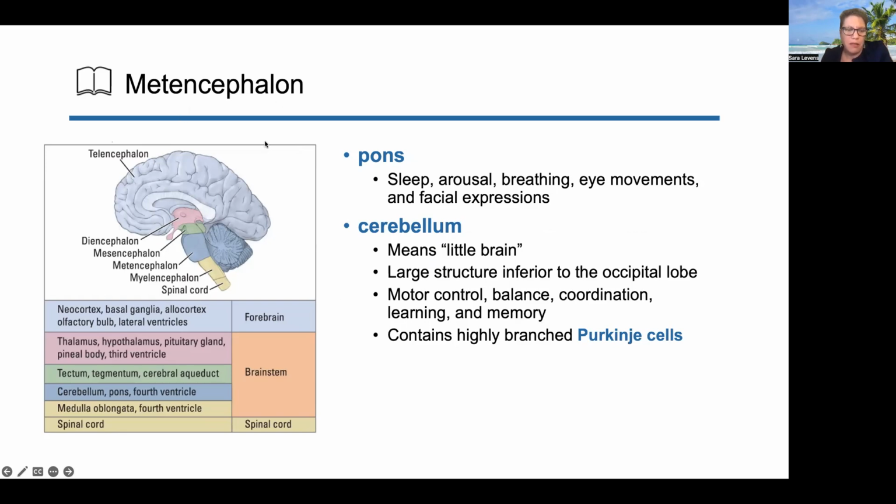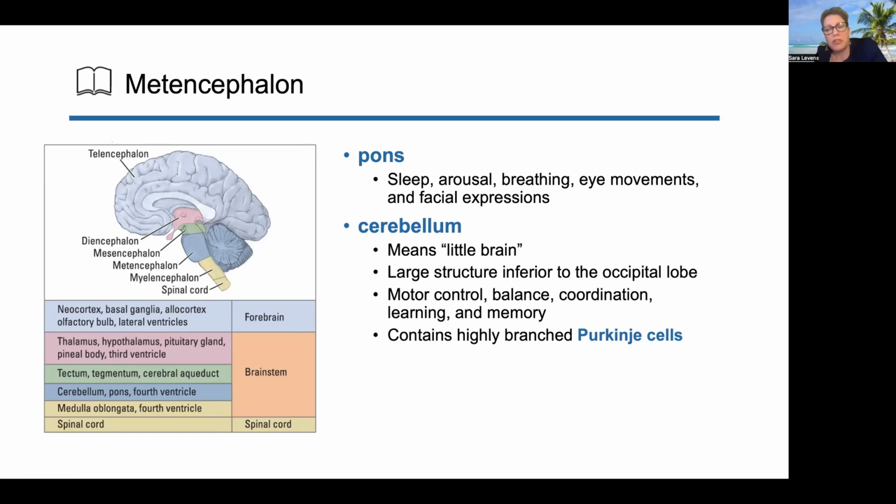All right, so for the metencephalon, we have the cerebellum, pons, and the fourth ventricle. The pons is really important for sleep, arousal, breathing, eye movements, and facial expressions. And cerebellum actually means little brain, because of the intricately wrapped cortex and stuff like that.